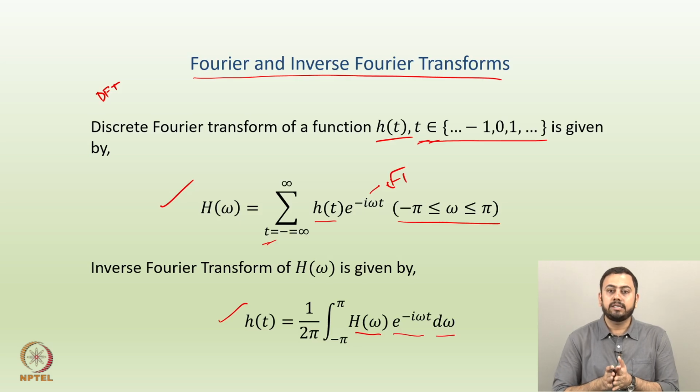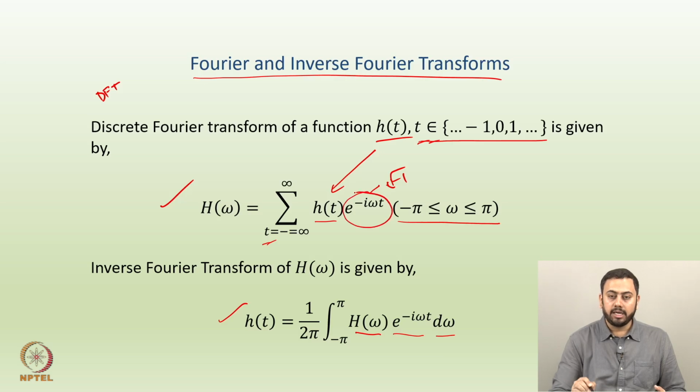Now, this is not a really difficult statement here, if you understand each and every part here, right. So, let us say you take any function h(t), you simply plug that function here, you have an infinite sum on the outside, and you multiply by this constant which is e to the power minus i omega t. Now, if you are very good in math, let us say in the school days or even in college days, then you might remember that there is some resemblance between this constant e to the power minus i omega t and sine functions and cosine functions, isn't it?